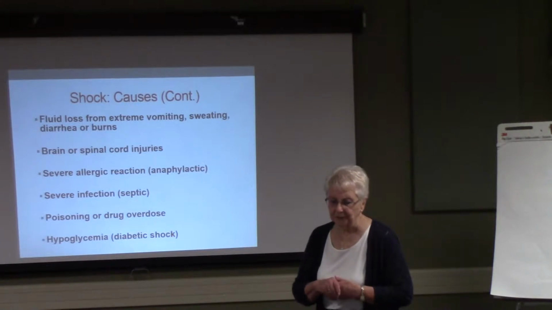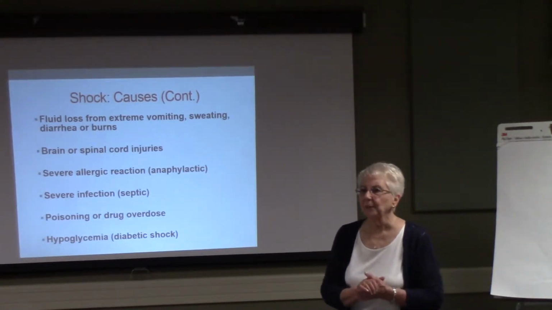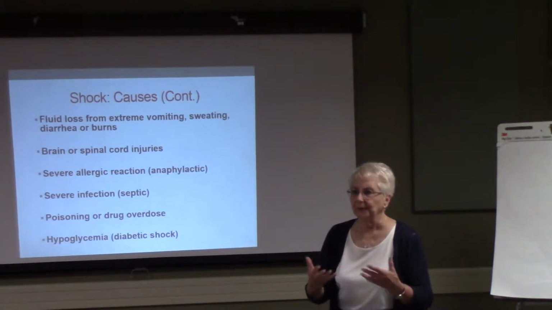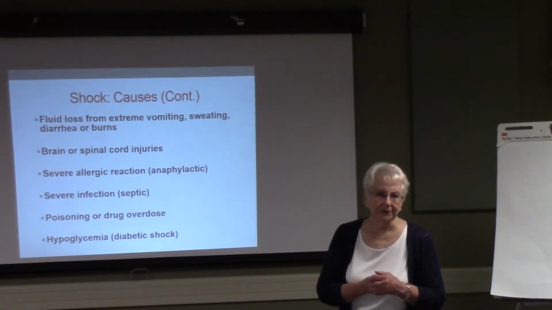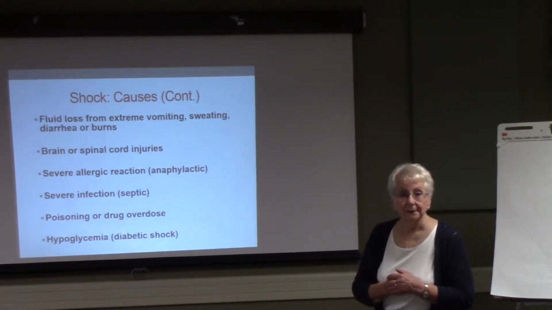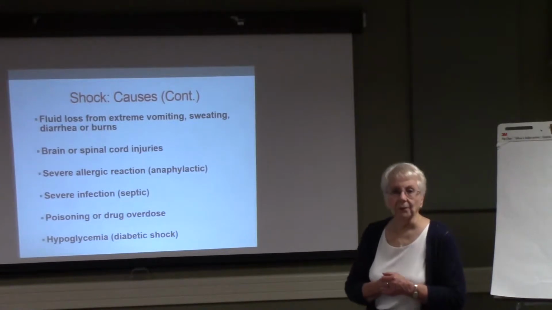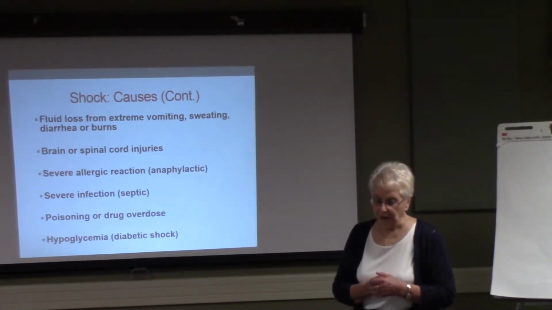Other situations, here again, fluid loss. Fluid loss from anywhere. Throwing up, diarrhea, you can get dehydration and loss of electrolytes. Brain or spinal cord injuries, as I mentioned before, that's neurological shock.